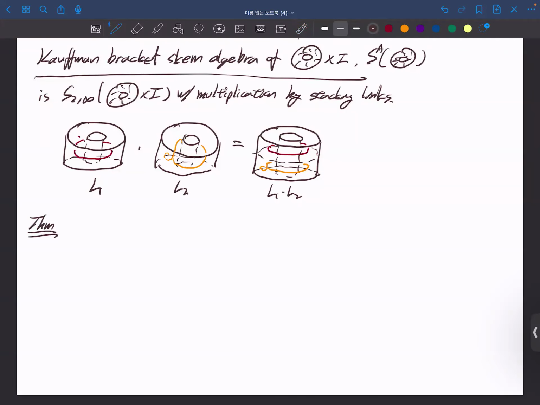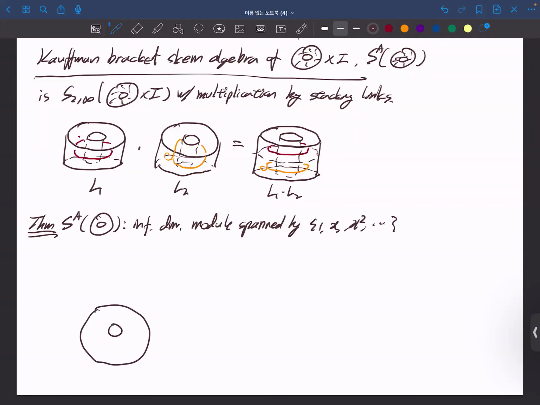Then as a theorem, we can see such a thing. SA of the annulus is an infinite dimensional module spanned by 1, x, x squared, and so on. And here, what is x? X is just this curve.